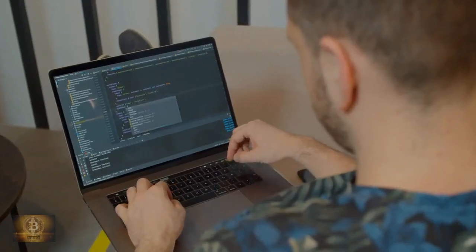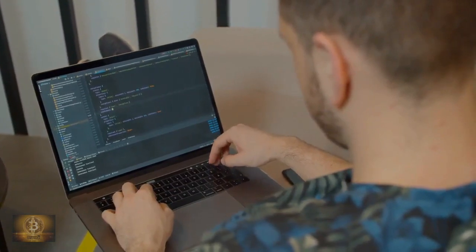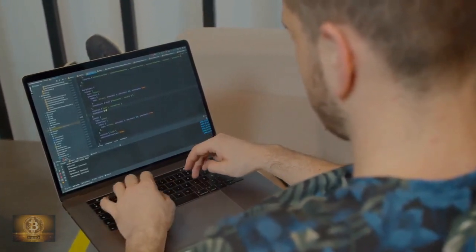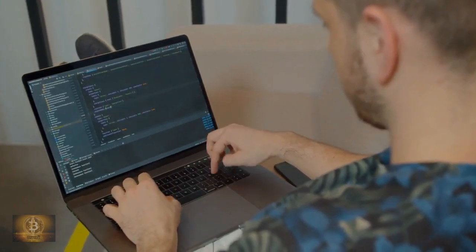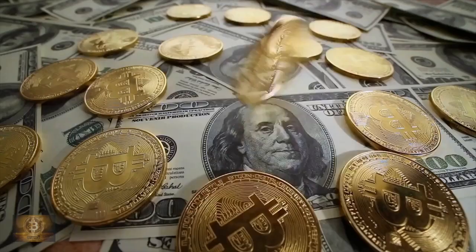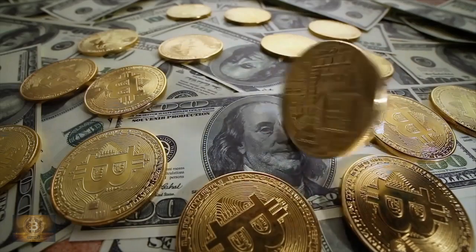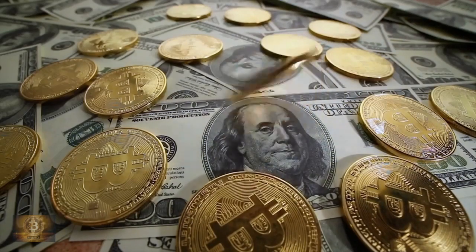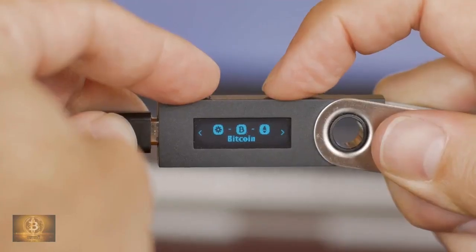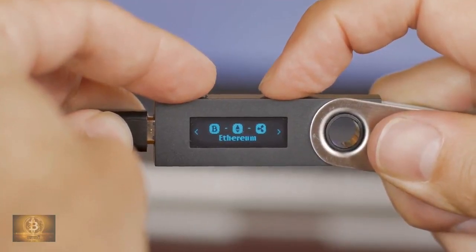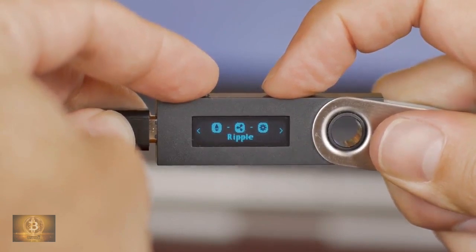Because desktop and mobile wallets are running on a laptop or smartphone that's connected to the internet, they're less secure. As such, experts suggest keeping only a little money in them. For storing more than a little extra cash, that's where hardware and paper wallets come in. Hardware wallets. Hardware wallets, electronic devices that are often as small as a thumb drive, offer more security.